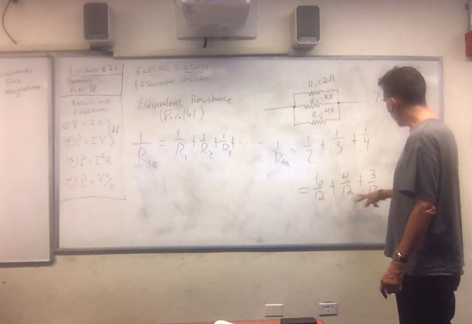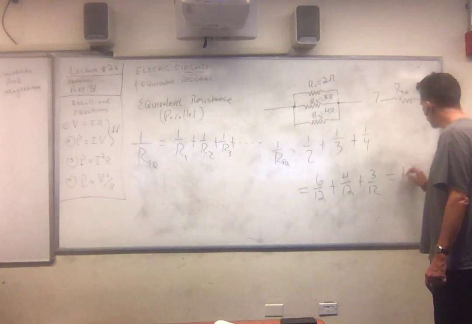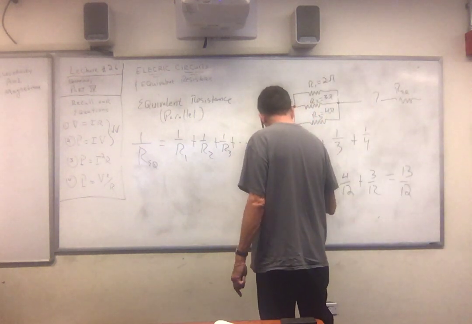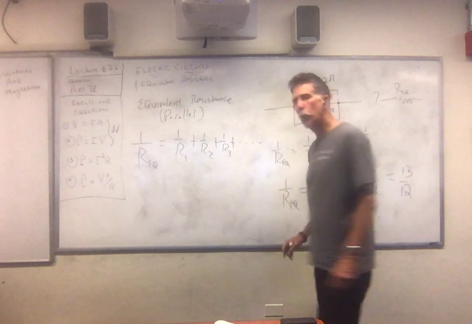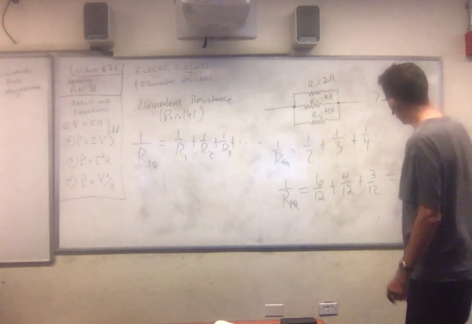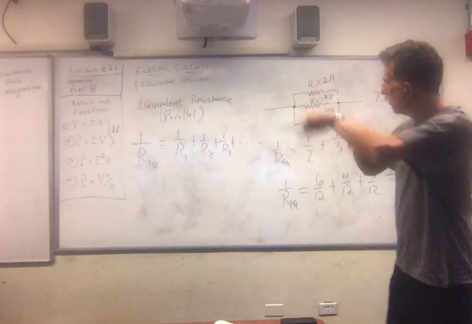Now we have a common denominator, so we have 6 plus 4 is 10 plus 3. So this is equal to 13/12. That is equal to 1 over R equivalent. So once again, is R equivalent equal to 13/12? And the answer is no, you must flip it.